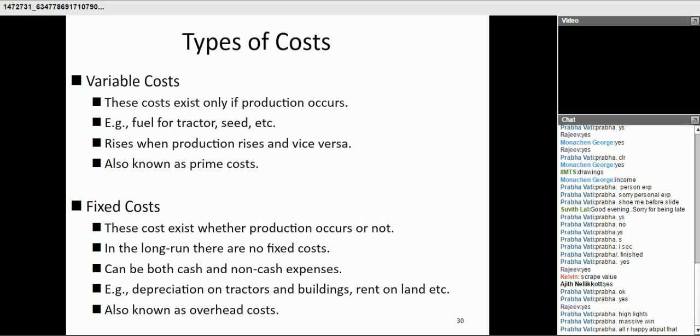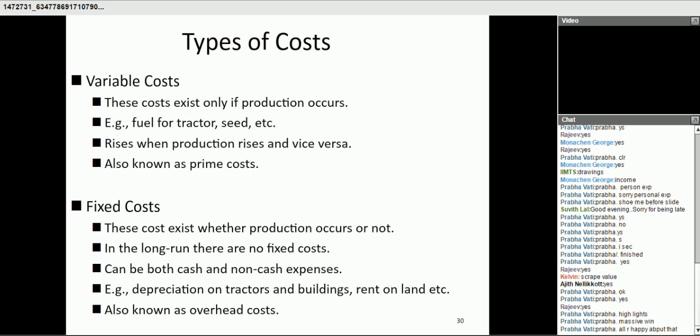But if he is having a tractor and that tractor is standing, since it is rainy season, the kiln has been shut down. It will not operate for the upcoming 3 months. So in that case, the depreciation on the tractor that is continuously taking place is a fixed cost and it cannot be avoided under any situation. Okay.